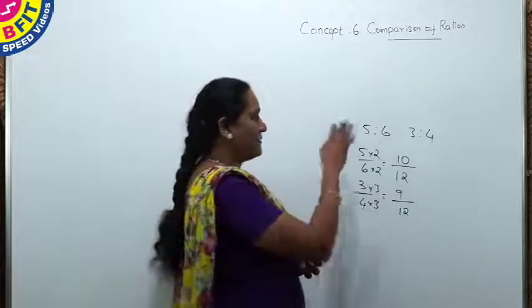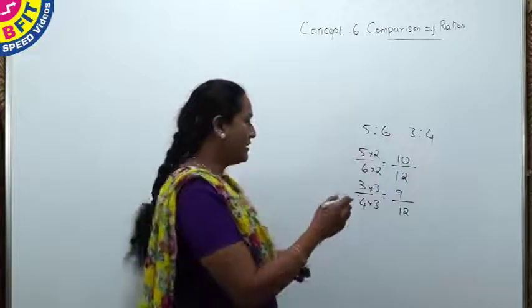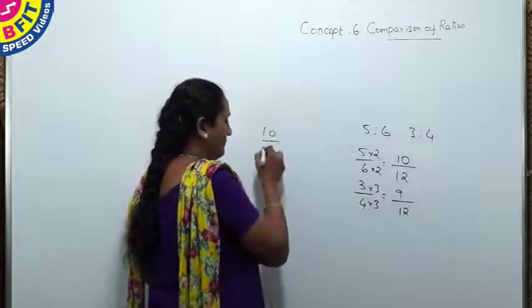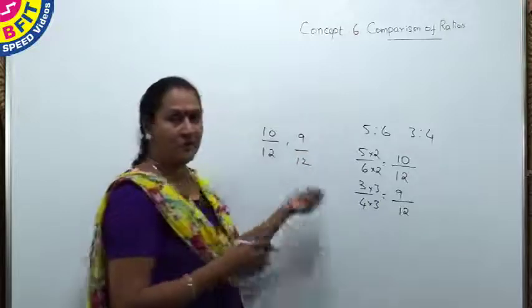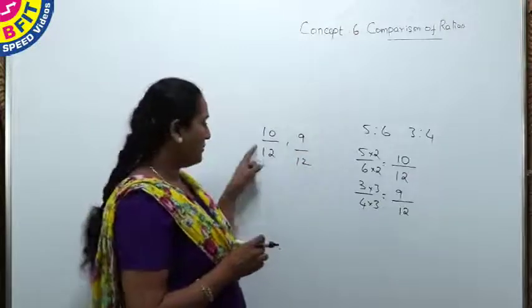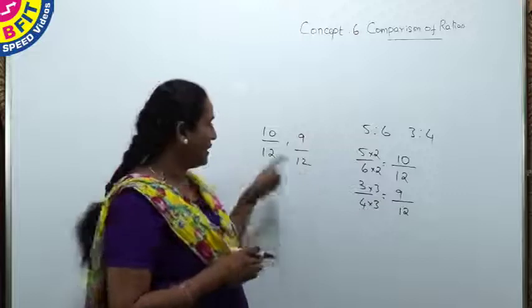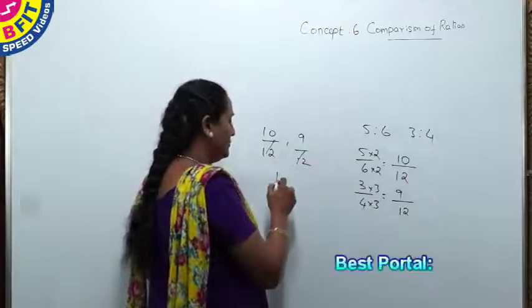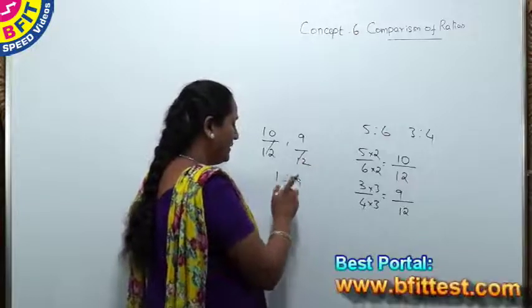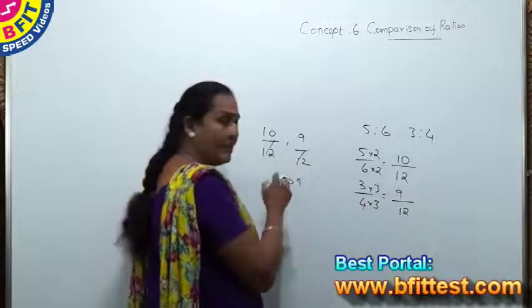So now 5:6 and 3:4 is rewritten as 10/12 and 9/12. So the denominator part is same, and now when the denominator is same, the highest numerator will be the highest, or cancelling out. So we get 10 is greater than 9.